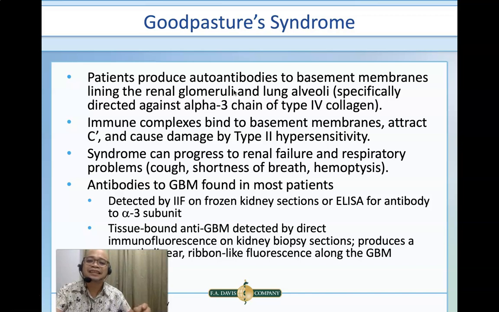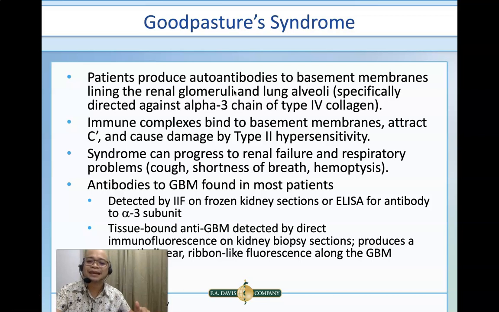So, if it's in the kidneys, renal failure will happen. If it's in the lung alveoli, respiratory problems such as coughing, shortness of breath, and hemoptysis or coughing out of blood will occur. Here, patients with Goodpasture syndrome will develop antibodies to the GBM, okay, in the basement membrane. So we call it the anti-GBM.